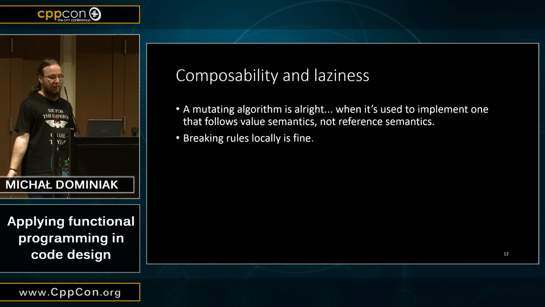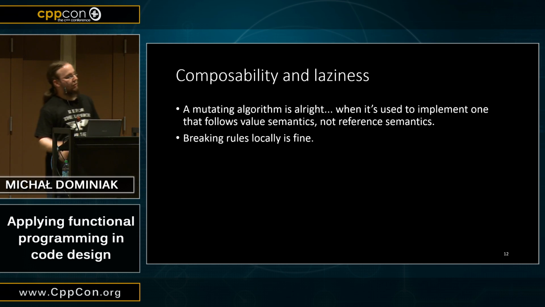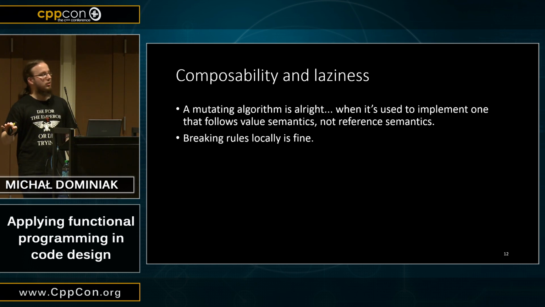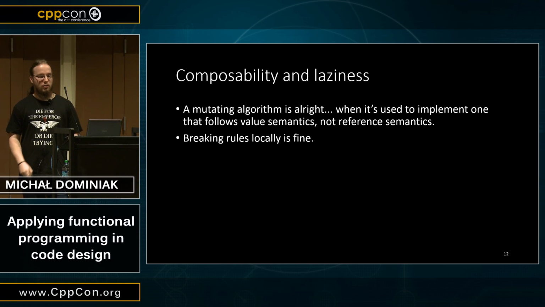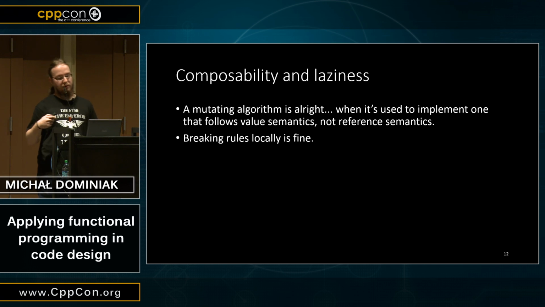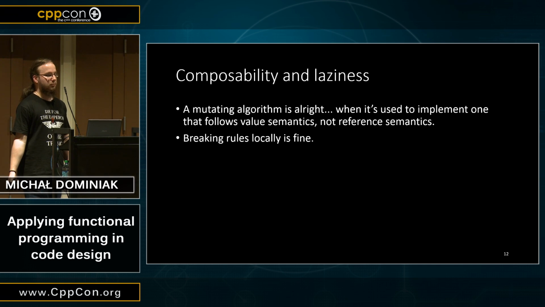So we can take a value, mutate it locally, return a new value, and no one will see that we mutated it. So we are pure, even though our implementation uses impure functions.